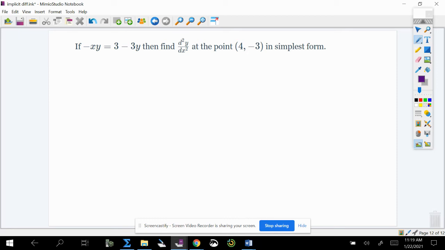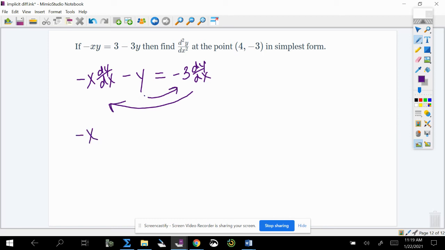This one does have a messier first derivative. So I'm going to do a product rule. So first times the derivative of the second, plus second times the derivative of the first, which is just going to be negative y, equals 0, would be the derivative of 3, and then minus 3 dy/dx. So let's bring this over here and this over here.